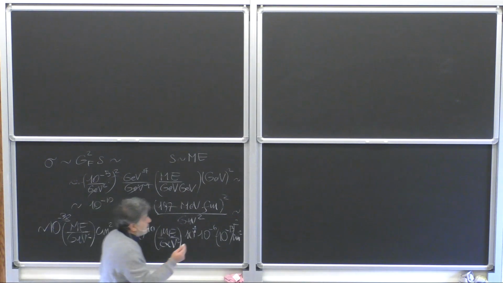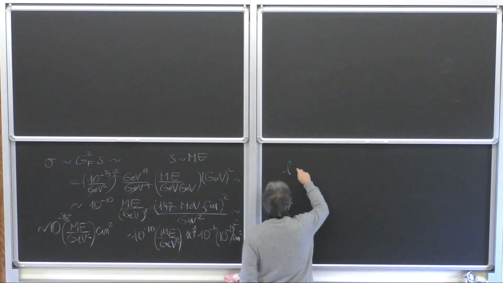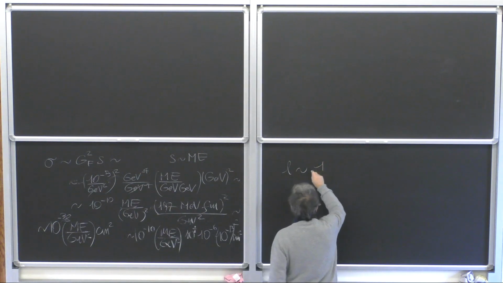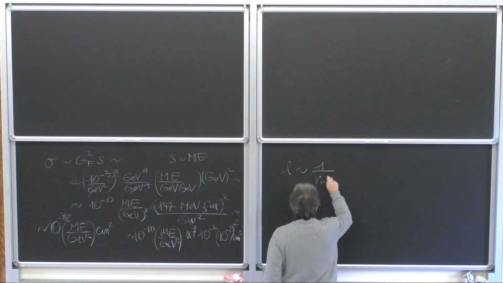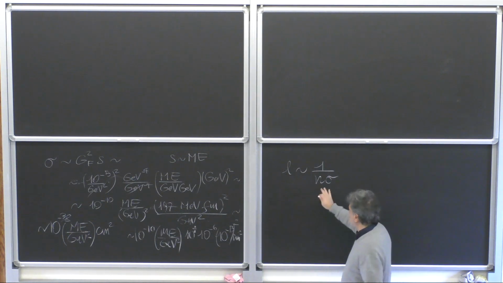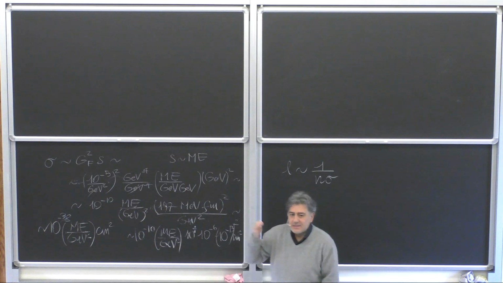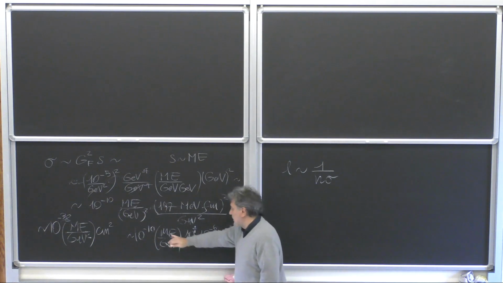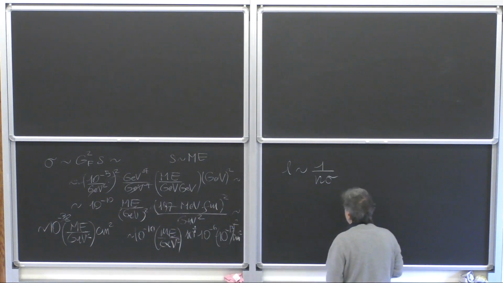Now, from the cross-section, you can get an estimate for the mean free neutrino path, multiplying times the density of the target of mass m.